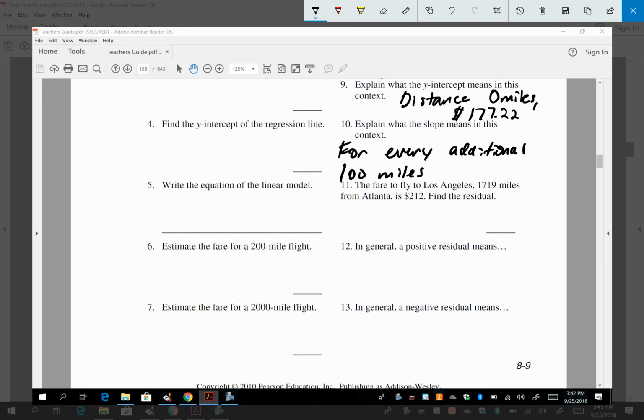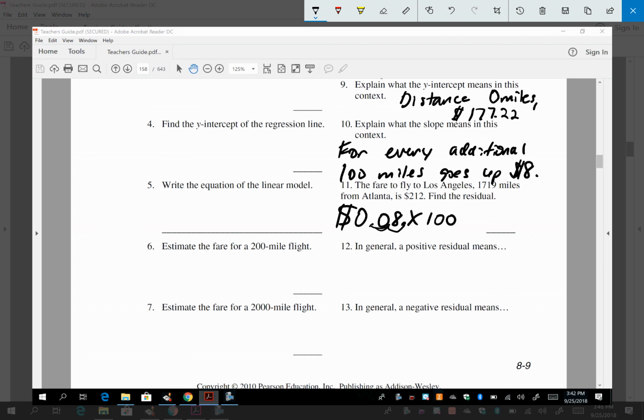Okay? So for every additional 100 miles, you can expect your price to go up $8. Here, I'll show you what I mean. So here's the 8 cents. If you multiply it by 100, what happens? You move it over 2 places. So now the decimal's there. So it goes up $8.